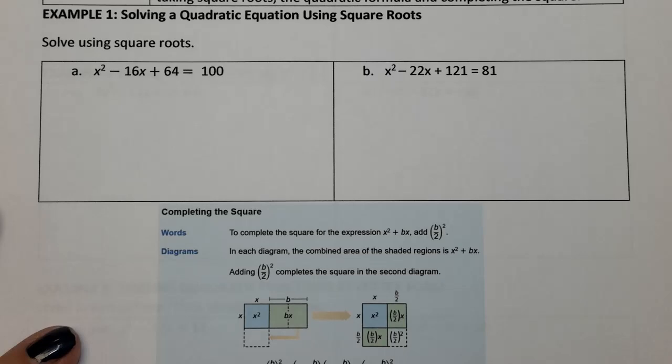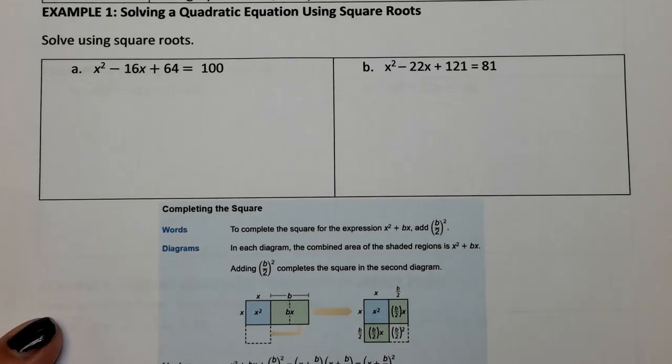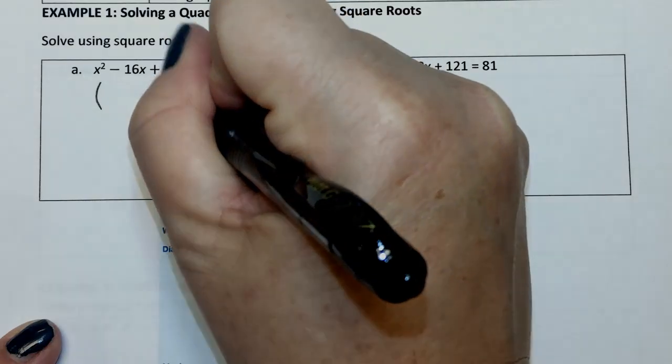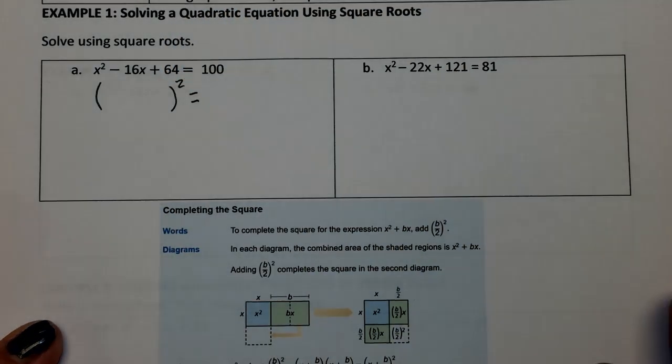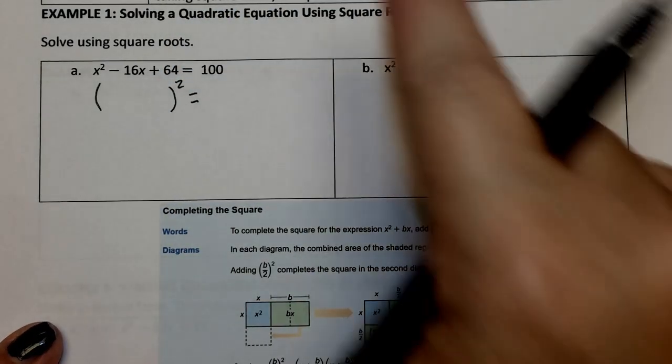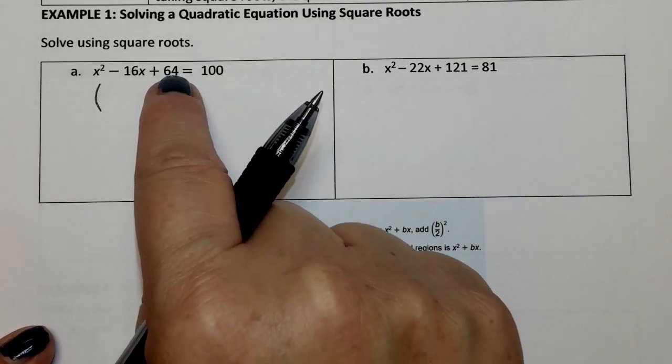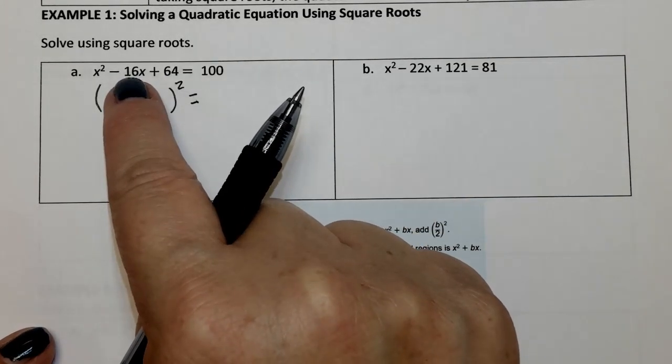The first thing we're going to do is write the left side as a binomial squared. What that means is I want something inside here that would be squared. You could look at it as, what two numbers could you multiply to get 64 that would add to get negative 16?